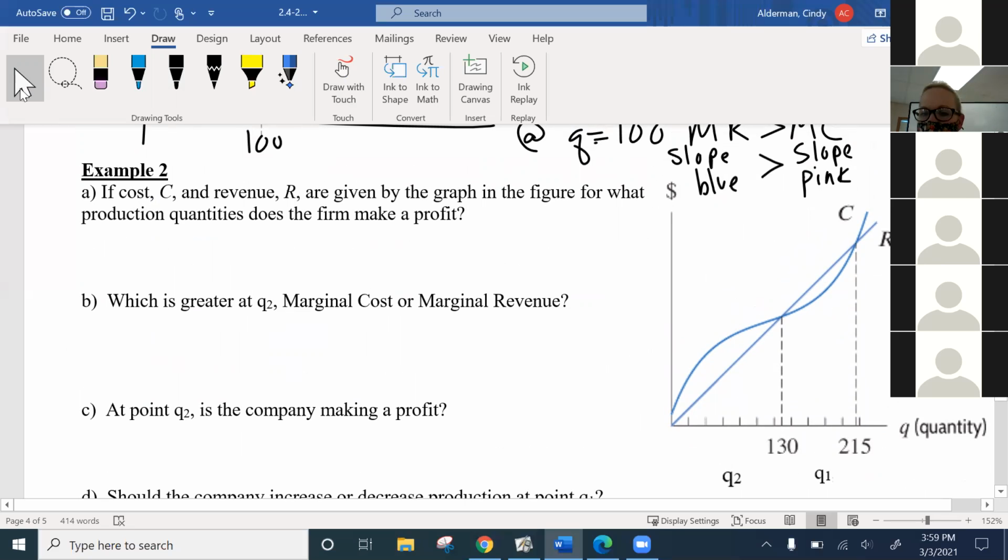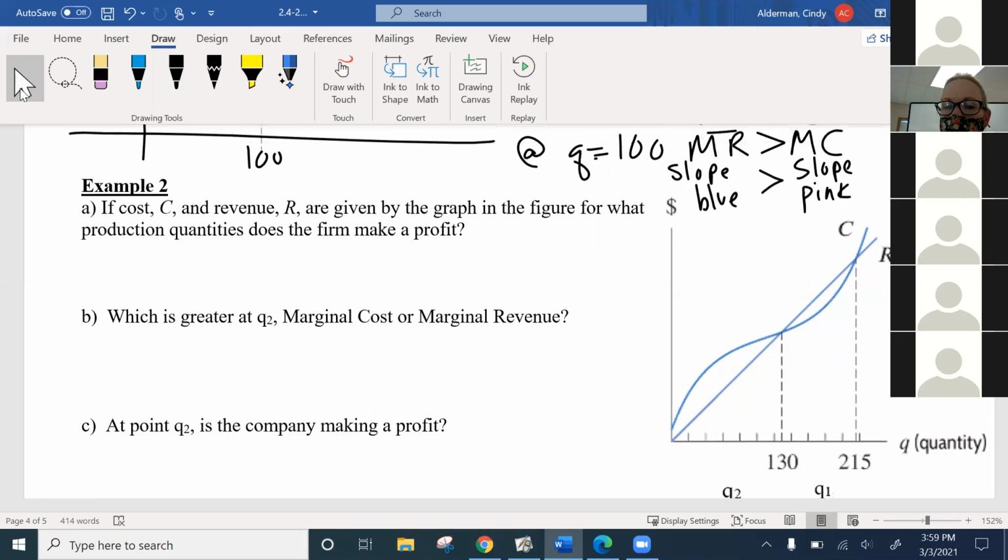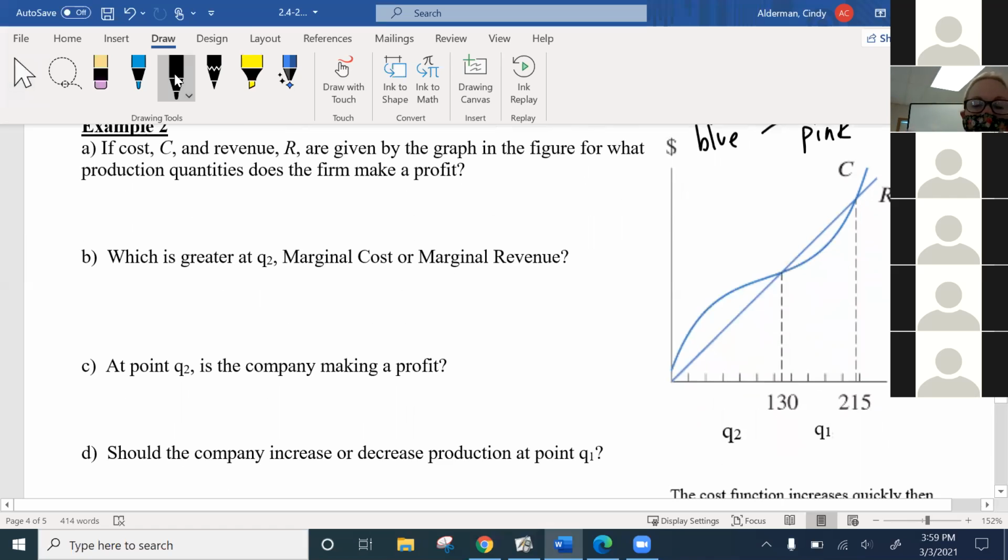All right, so now we're going to look at a graph. Remember, these are the function graphs, not the derivative graphs. So which is greater at Q2? I'm going to put Q2 right there.